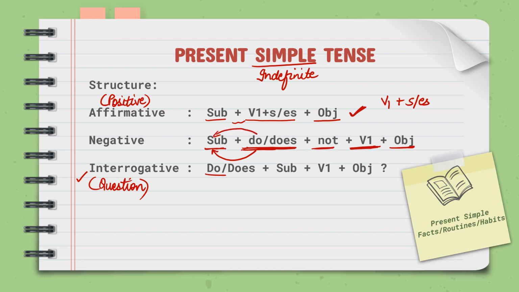So helping verb comes first, then your subject, then base form of verb, and then object. And always interrogative sentences always end with a question mark. So it is very easy to convert a negative sentence into interrogative sentence. We just have to interchange the position of helping verb and subject.